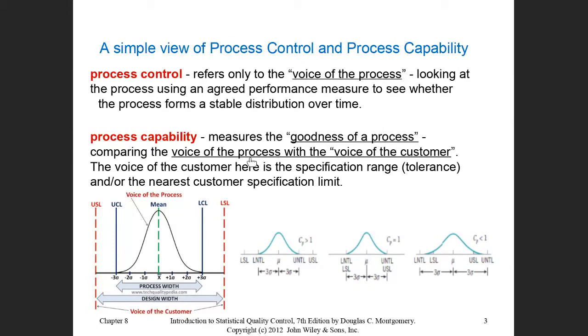The process capability considers both the voice of the process, which is the one that is looked at in the control chart, and the voice of the customer. The voice of the customer is considered to be the specification here.